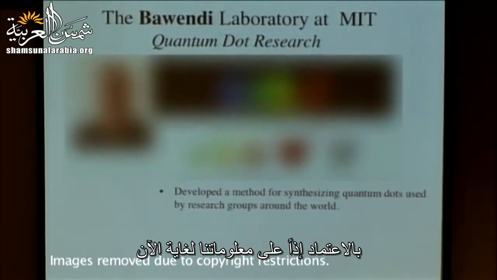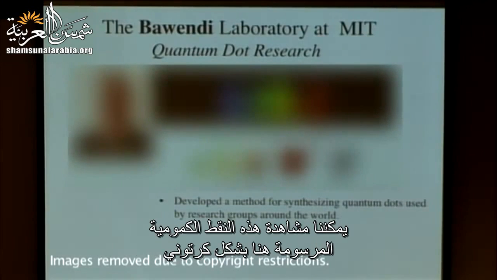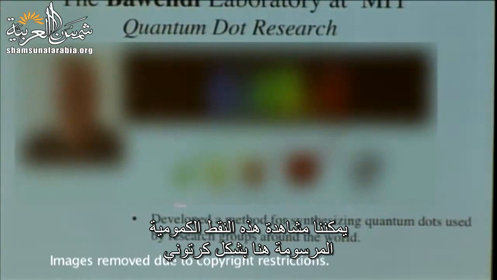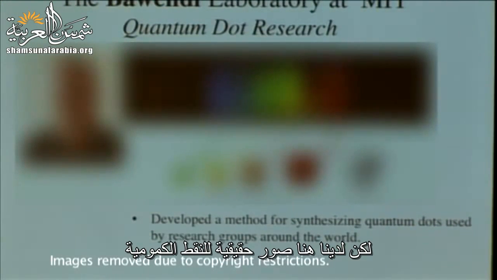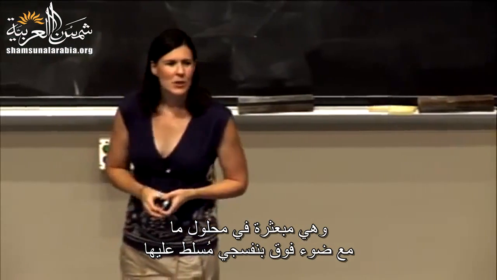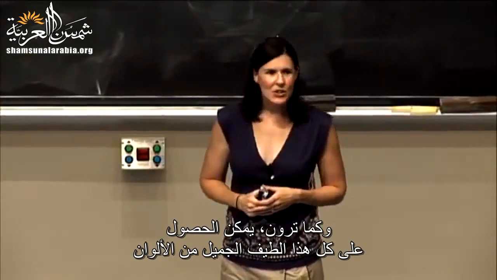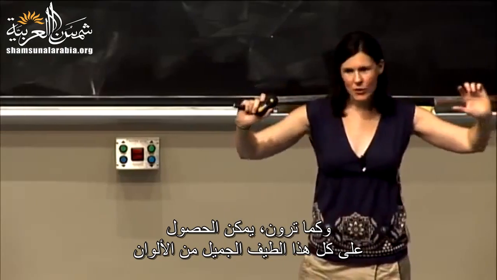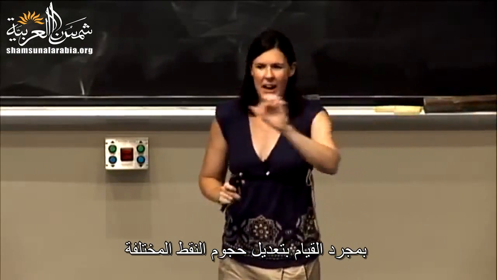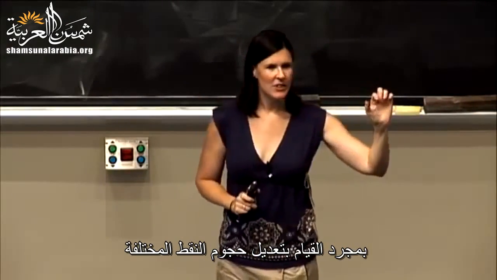So from what we know so far, we should be able to look at any of these quantum dots, which are depicted as a cartoon here, but here we have an actual picture of the quantum dots suspended in some sort of solution and shown on with UV light, and you can see that you can achieve this whole beautiful range of colors just by modulating the size of the different dots.